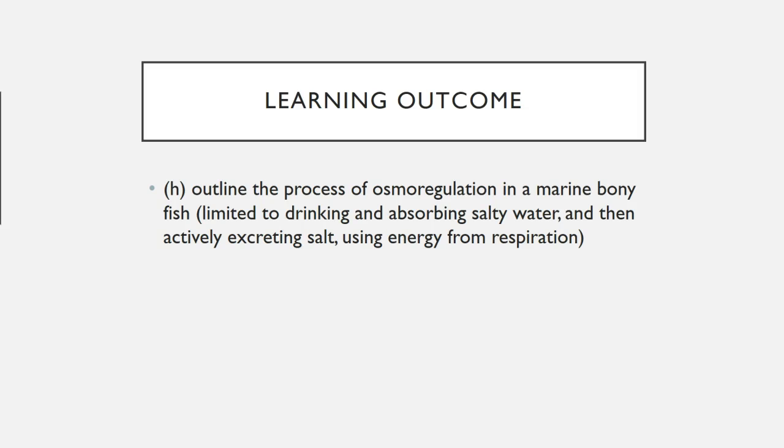We're going to limit this to drinking seawater, absorbing water through the skin, and then actively excreting salt. They usually do that through their gills and through urine, and also using energy from respiration to actively pump some of these ions out of their body.